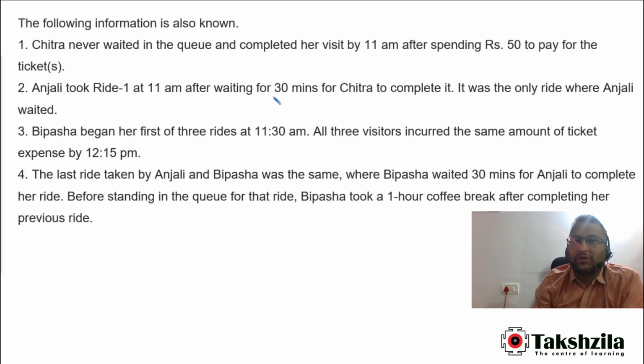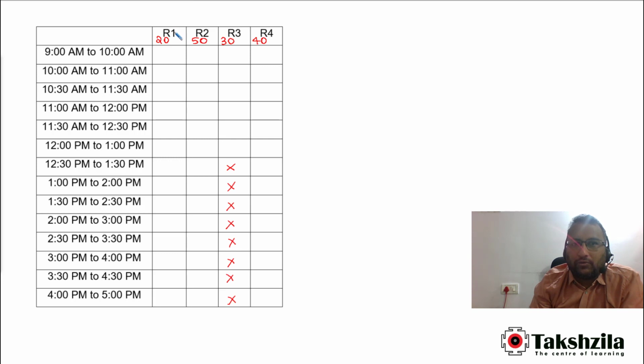She waited for 30 minutes, which means she arrived at the gate of ride 1 at 10:30. At that time, Chitra was taking that ride. Chitra completed this ride at 11 o'clock. It means Chitra took ride 1 in which slot? 10 AM to 11 AM. Chitra took ride 1 in this slot, and Anjali is going to take ride 1 in the 11 AM to 12 PM slot.